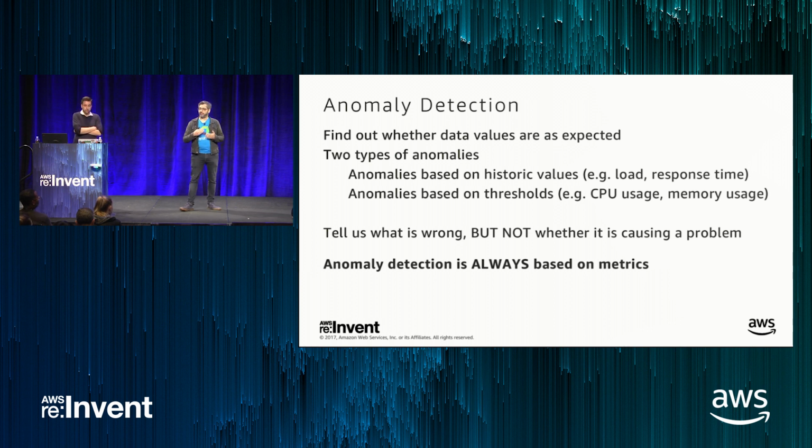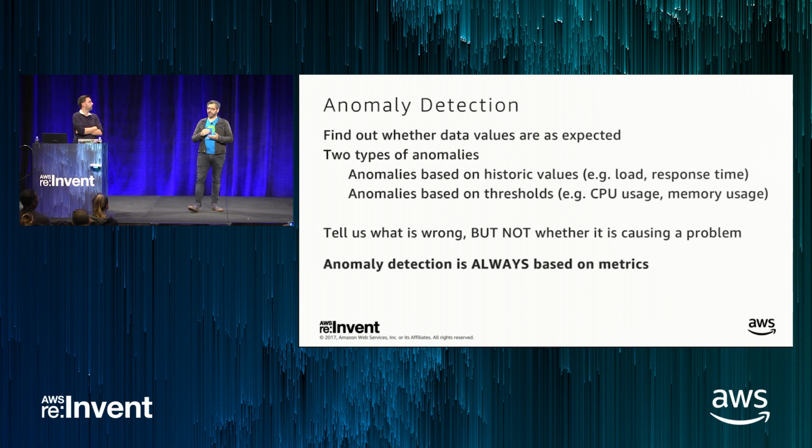First of all, we have anomaly based on historic values. What does this mean? If an application did run on the same load last week and it had maybe this CPU saturation, and now it has doubled the CPU saturation this week under the same load of users, most probably something is broken here. So that's historic data.